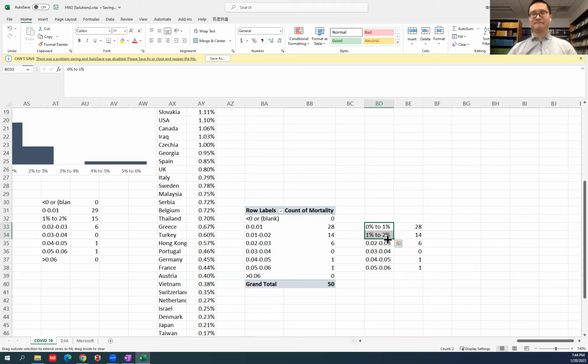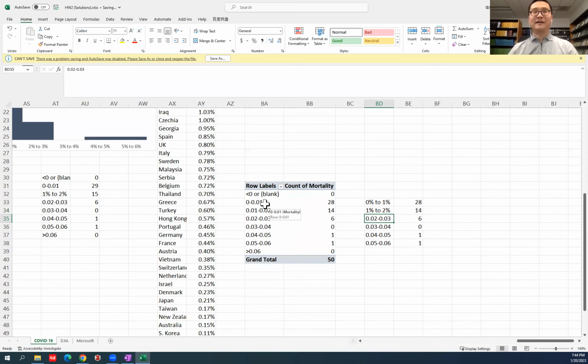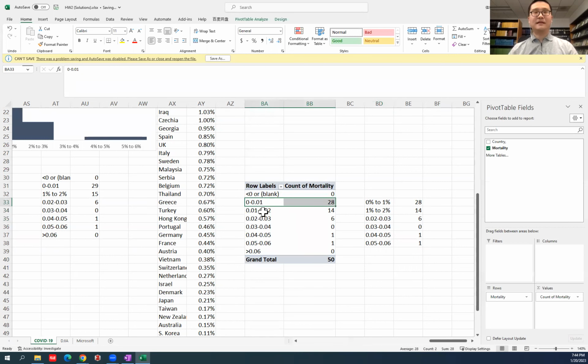Well, unfortunately, it doesn't. So it seems that we have to manually adjust each of them. Unfortunately, I have found no way for Excel to automatically change the format of row labels to percentage. So if you must use that, then it probably requires manual changes.